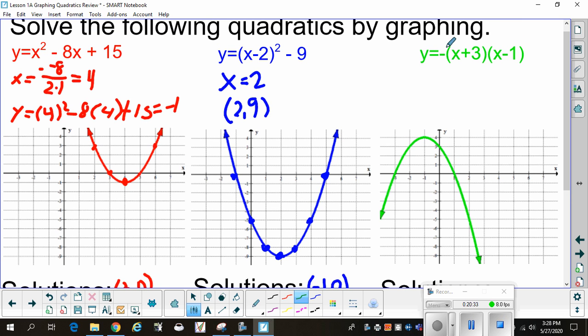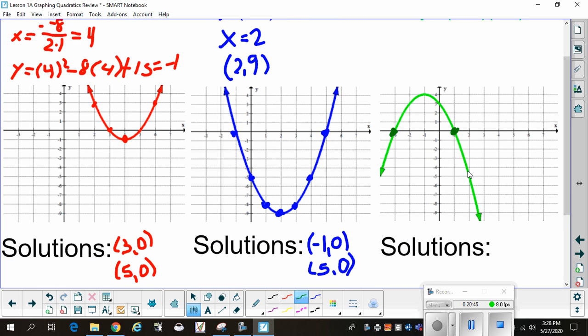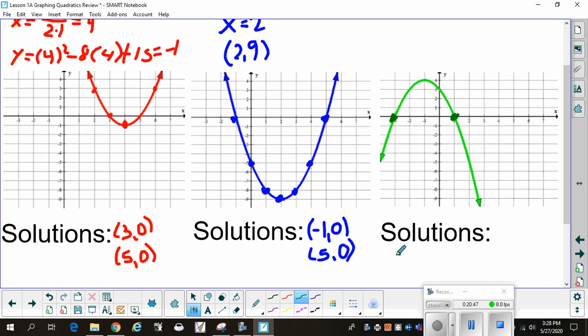This one, the negative tells me it's reflected over the x-axis or opening down. I'm going to have a point at -3 on the x-axis and a point at 1. So right here, I already have my solutions. My solutions are -3, 0, and 1, 0.